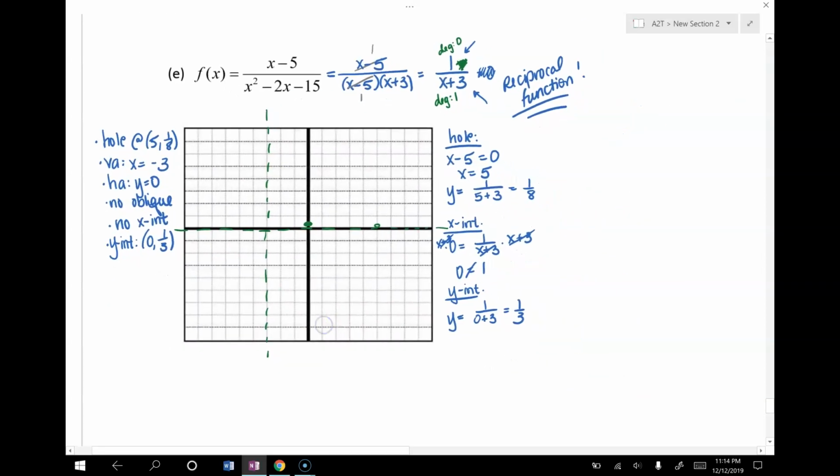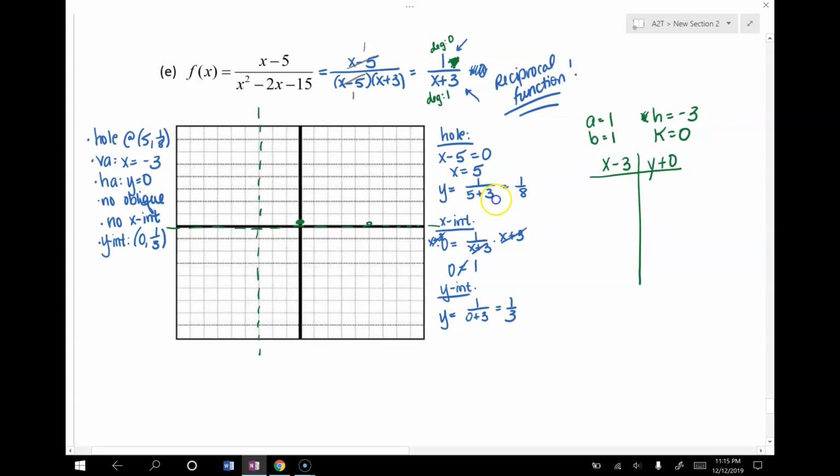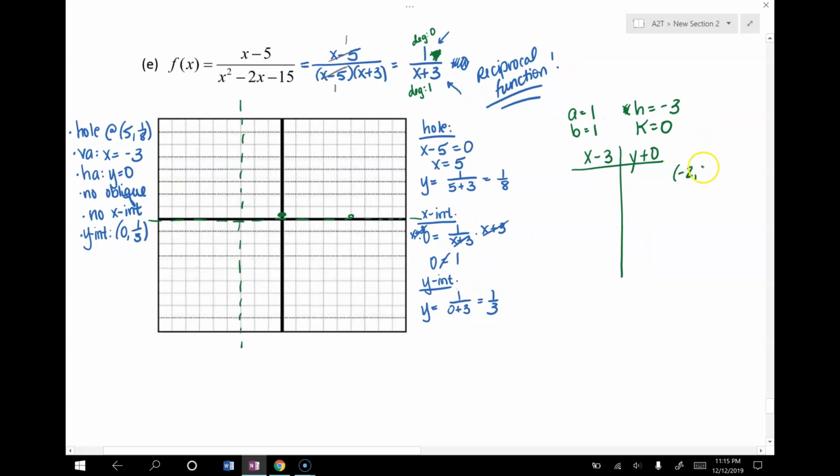Our transformation chart. We can say that a is 1. We can say that b is 1. We can say that h is -3, and k is 0. So that means we have x minus 3 all over y plus 0. Remember, I'm always going to write out the parent function points because it's easier for me if I already have them written out rather than trying to think about what's the next one.